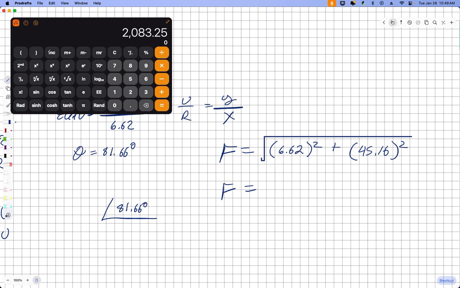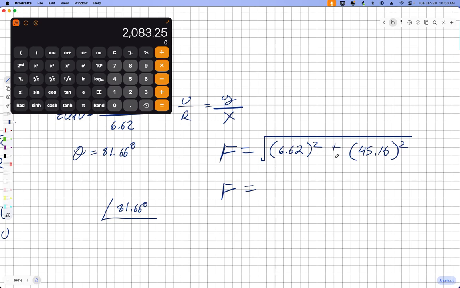All right, let me clear my memory and double check my math. 6.62 squared. Memory plus. Let me hit my memory recall. Okay, it's in there. So now let me clear that. 45.16 squared. Memory plus. Memory. Okay, so I did it right the first time.